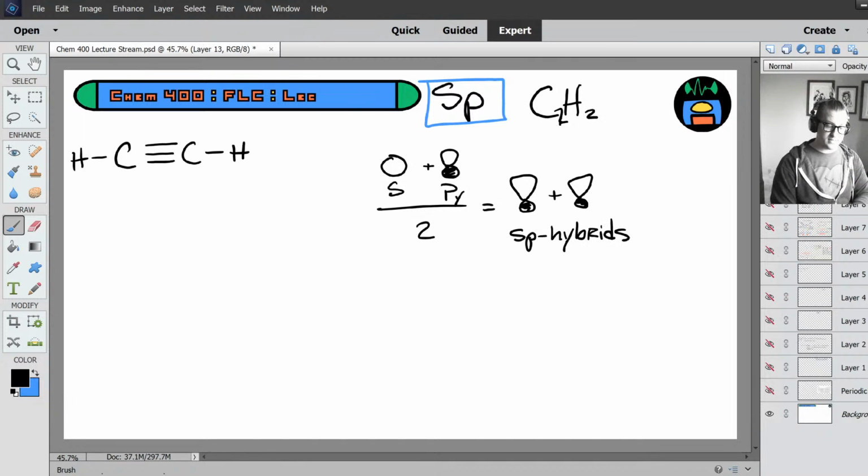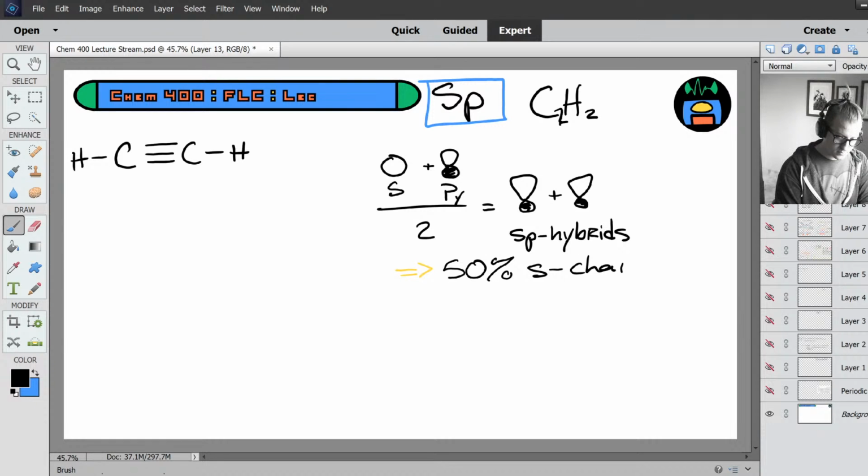One thing you'll notice is because we used one s orbital and one p orbital, these orbitals have 50% s character and 50% p character.